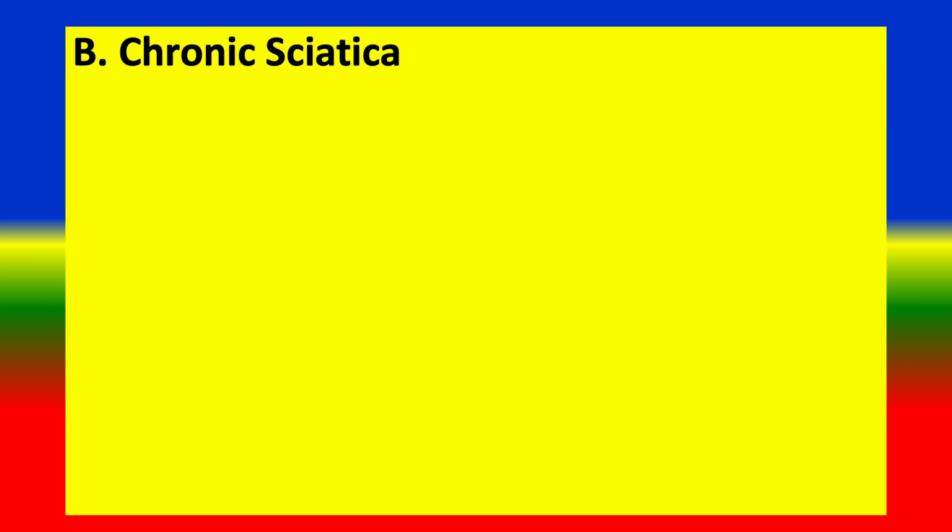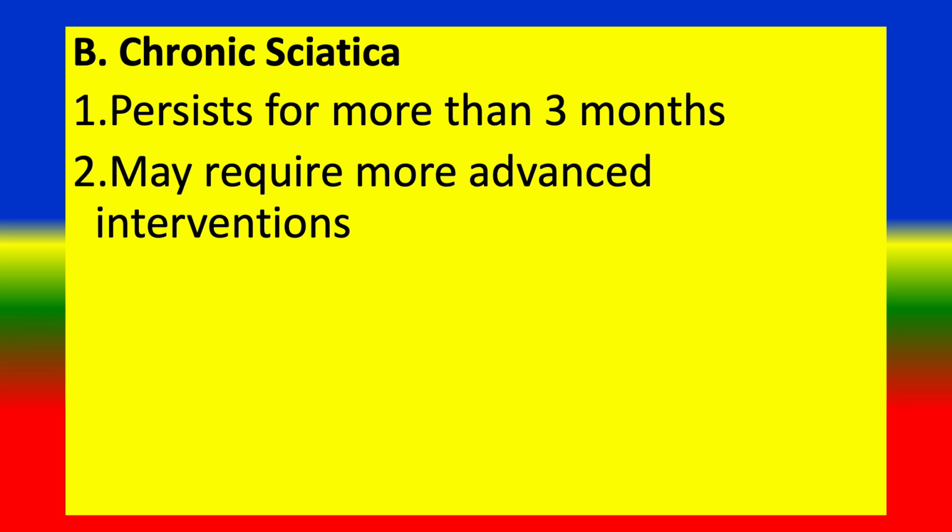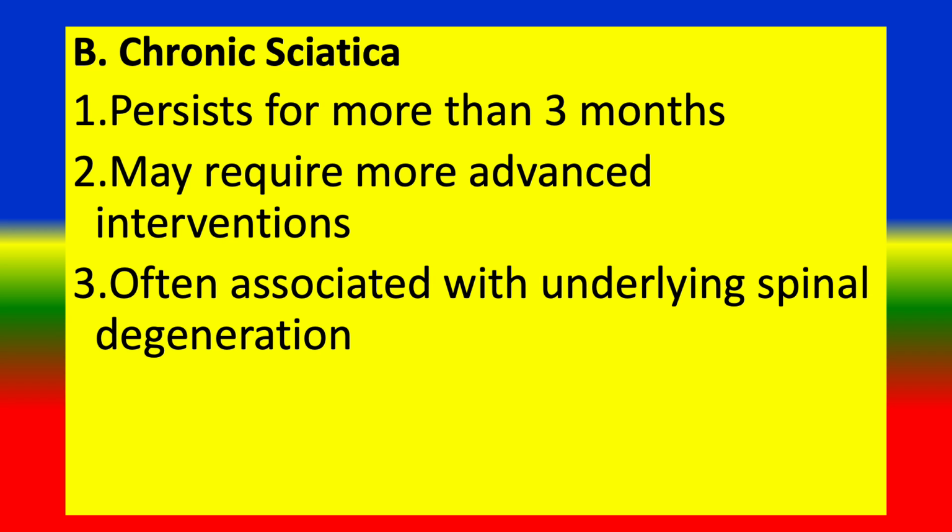B. Chronic sciatica. 1. Persists for more than 3 months, may require more advanced interventions. 2. Often associated with underlying spinal degeneration.